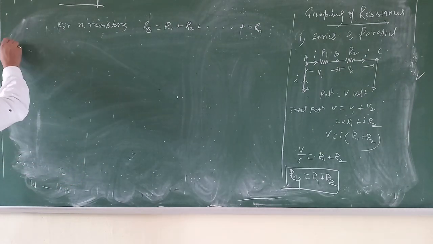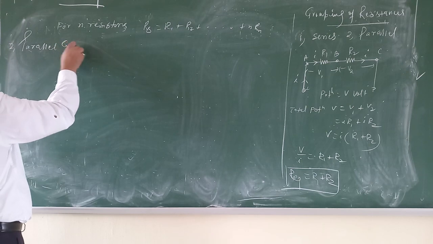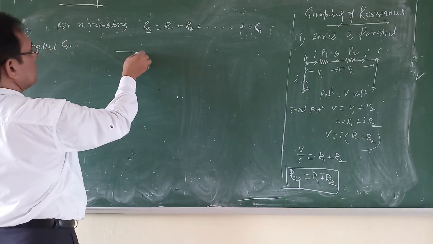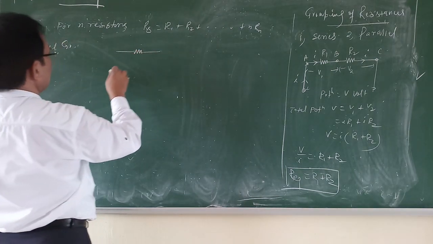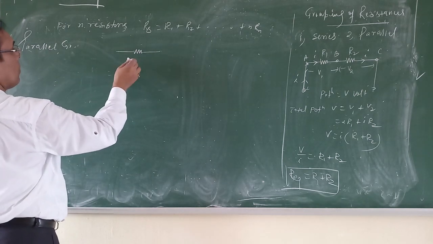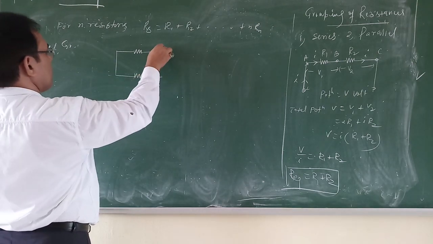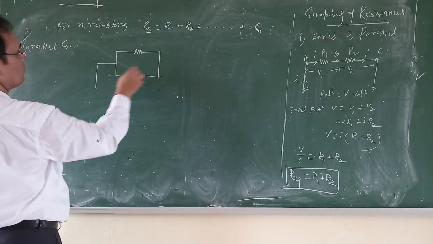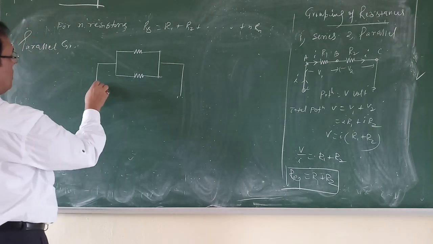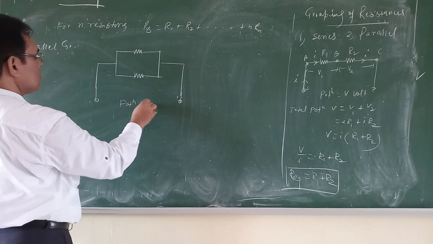So now second is parallel grouping. Suppose two resistances are connected in parallel. This is parallel grouping. It is connected to a potential V volt.